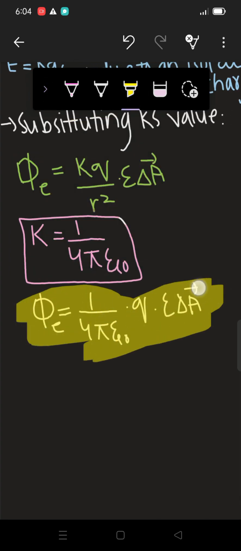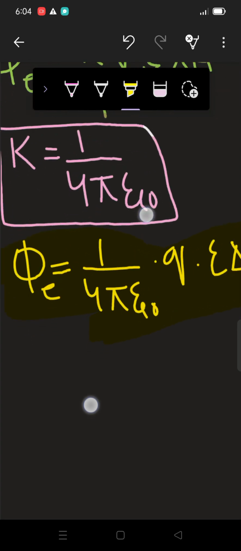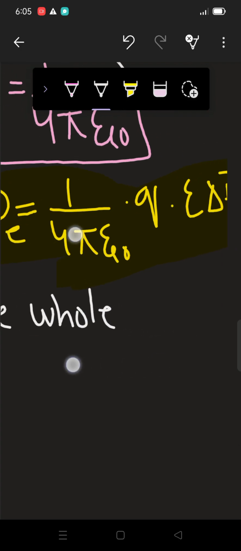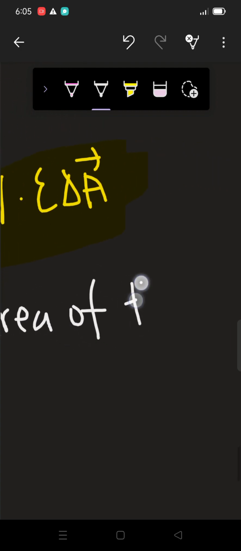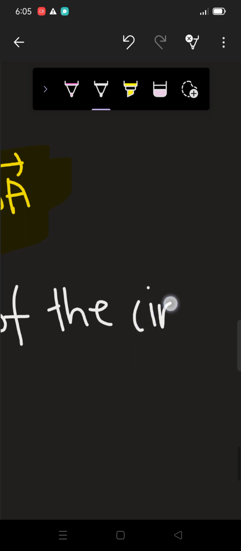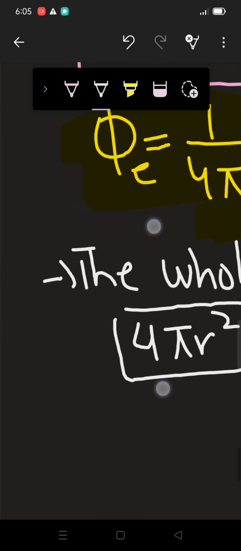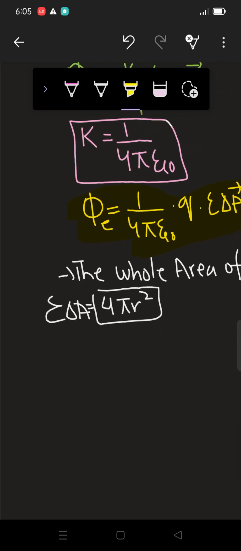Now we know that the area of the whole sphere is 4 pi r square, which means the summation of del A would be equal to 4 pi r square.